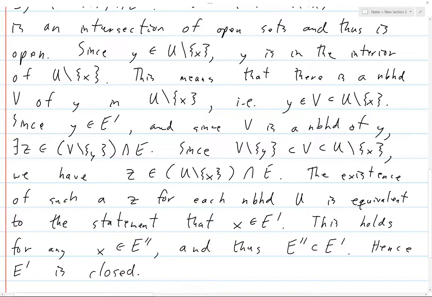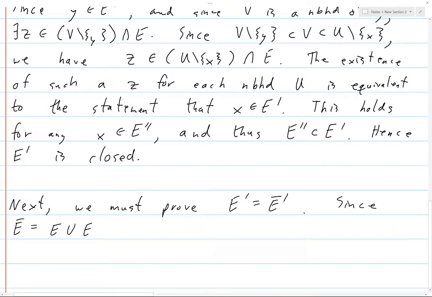What is E closure? E closure is E union the limit points of E, and so clearly E is contained in E closure, because E is contained in E union E prime, which is equal to E closure. Yeah, E is contained in E closure.